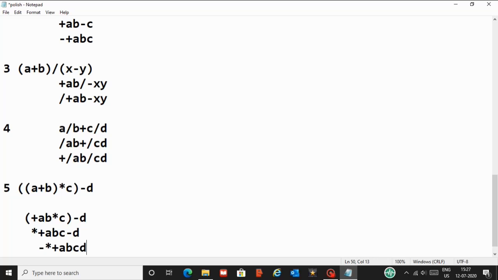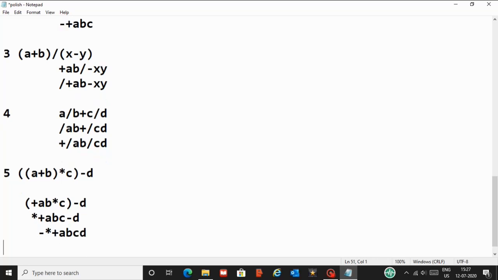Minus star plus A, B, C, D is the resultant prefix notation for the infix expression A plus B, bracket star C, the whole bracket, minus D.